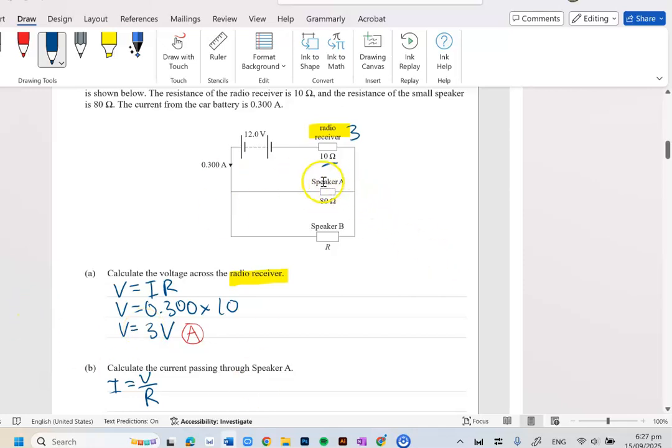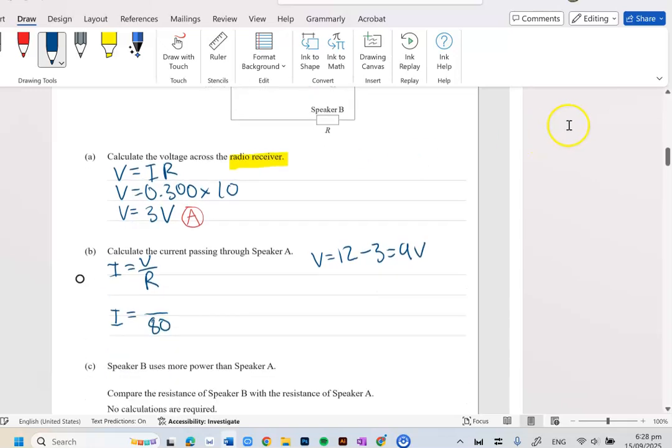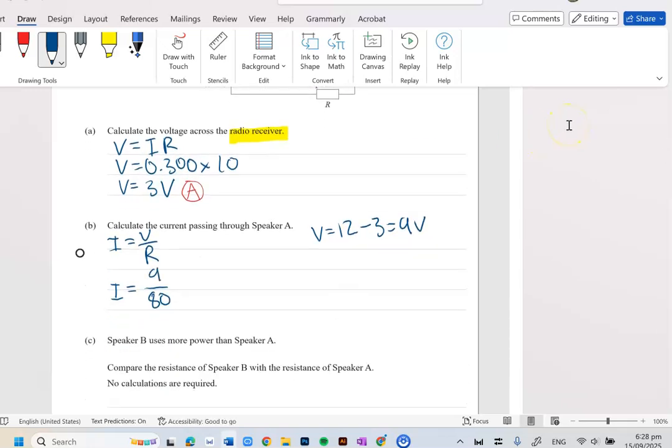So that means this voltage just has to be 12 minus 3, because they share the voltages. So the voltage equals 12 minus 3, that equals 9 volts. So we can put 9 here.